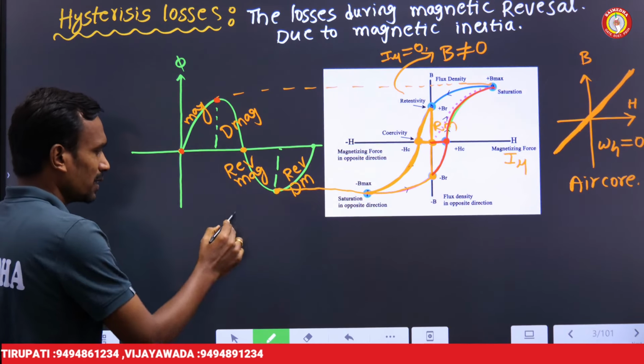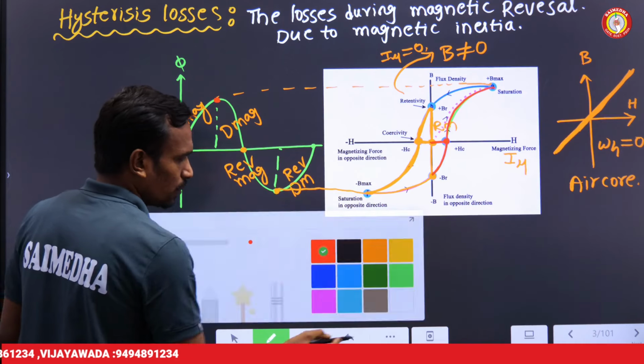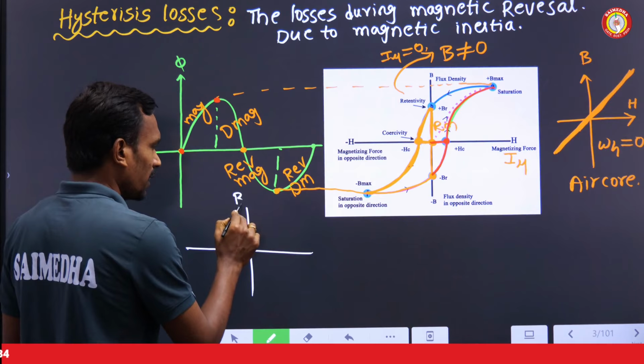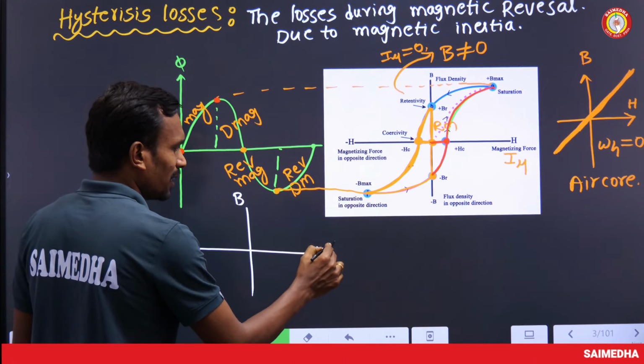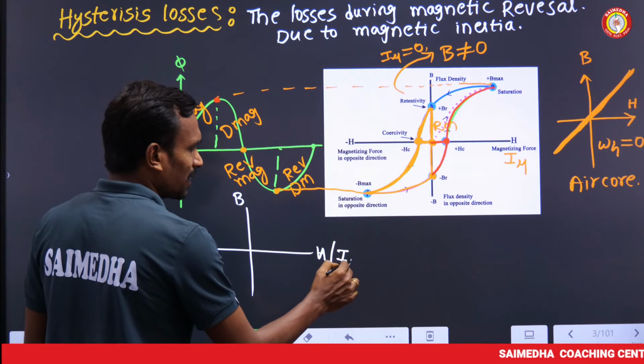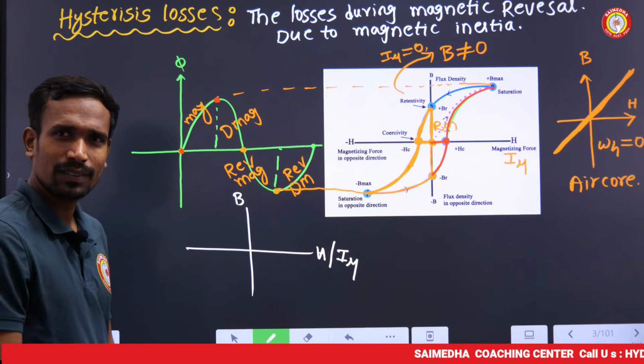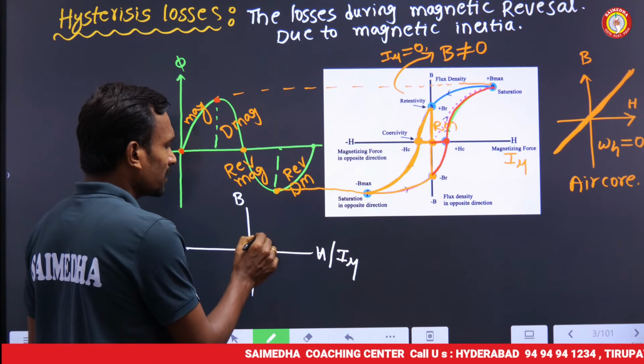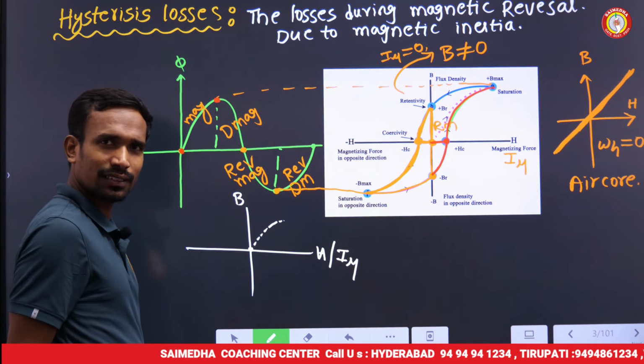So what happens here? Have a look. This is the flux density and this is the flux intensity, that is, magnetizing force or magnetizing current. When the magnetizing current is 0, the flux density is 0. When it increases, the flux density also increases.